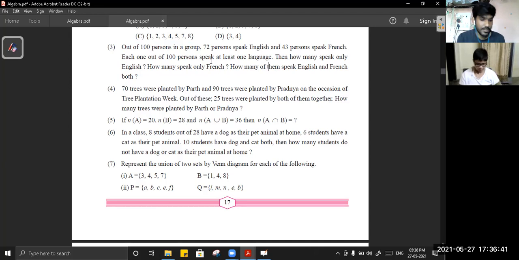So what was your question here? How to find A intersecting B, because this time I just thought of it and guessed it and did it, like number of A minus number of B. Okay. In your book, you have written the A intersection B is speaking English and French both.